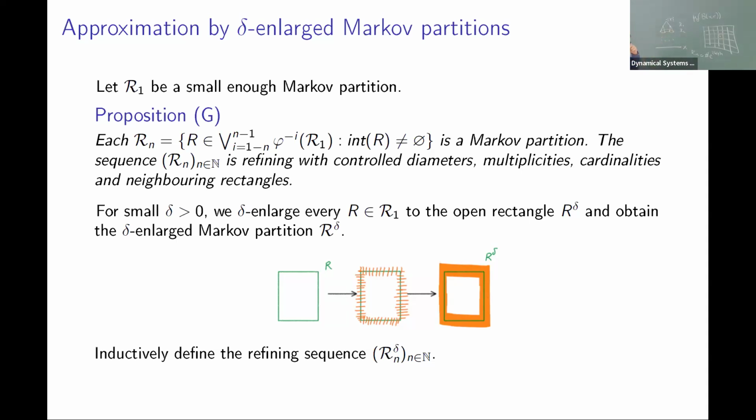Now, what I'm saying is that given any Markov partition, taking this tree of Markov partitions, there is a uniform number for the number of neighboring rectangles of any rectangle of any level, which is equivalent to this graph, now not necessarily a tree, having a uniformly bounded degree.